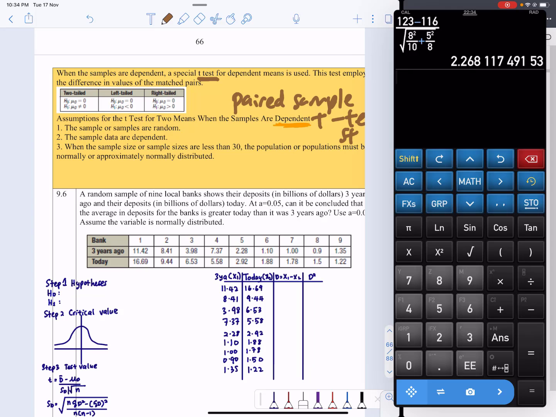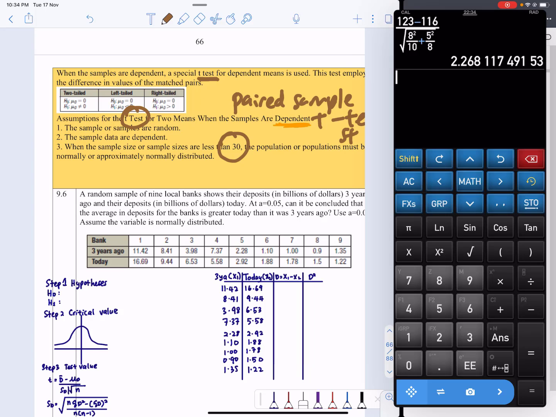Dia ada jangka masa, jangka waktu. Kita buat uji kaji melibatkan masa lepas dan masa sekarang lah. Okay, kita melibatkan masa lepas dan masa sekarang. If you look at here, of course, if it is T test, it must be less than 30.